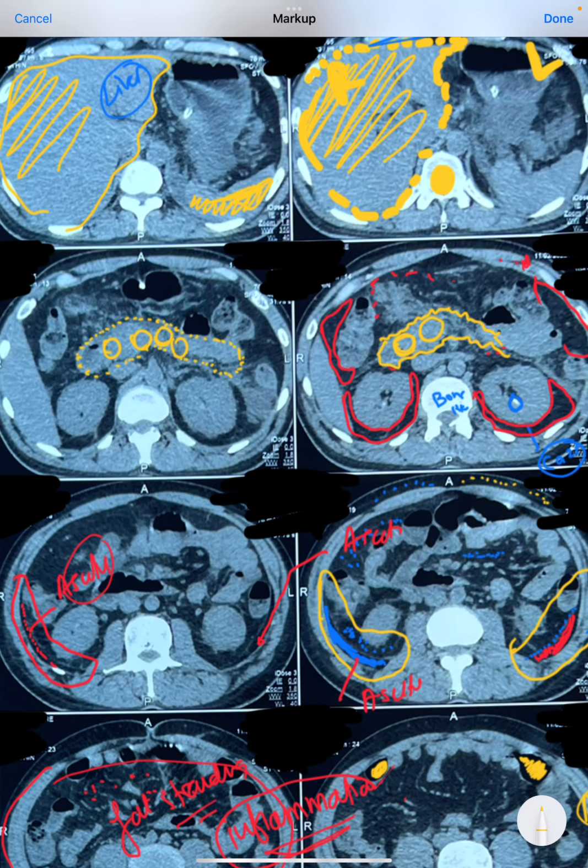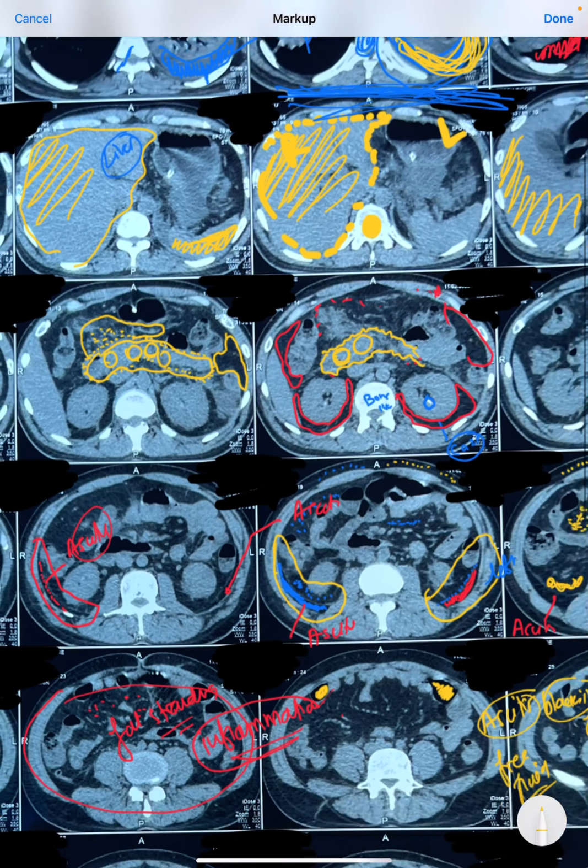But we can very clearly see there is infiltration into the fat. See here, all the fat is very hazy compared to the fat present here. So this is very much inflamed, or there is infiltration, because of the pancreas, the organ which is present here. It looks enlarged, and the margins are abnormal.